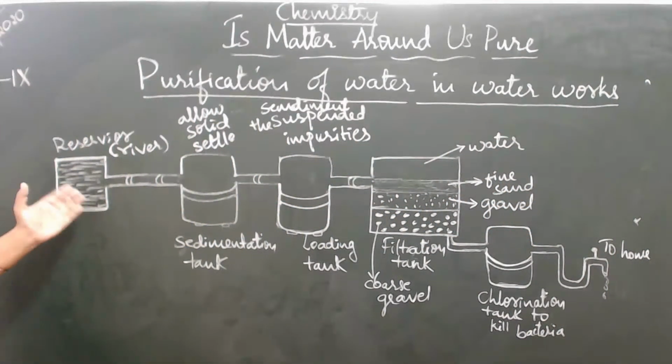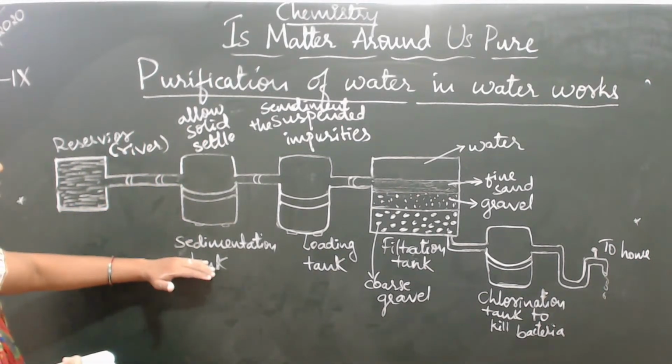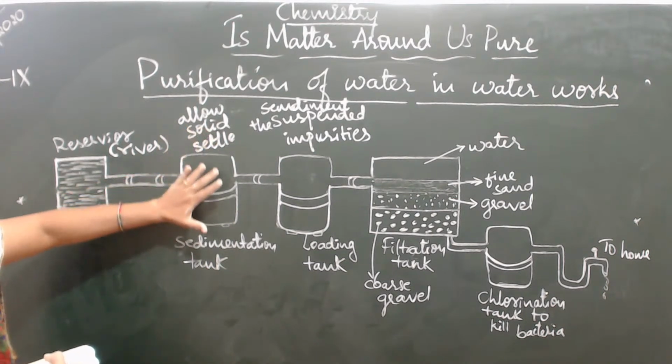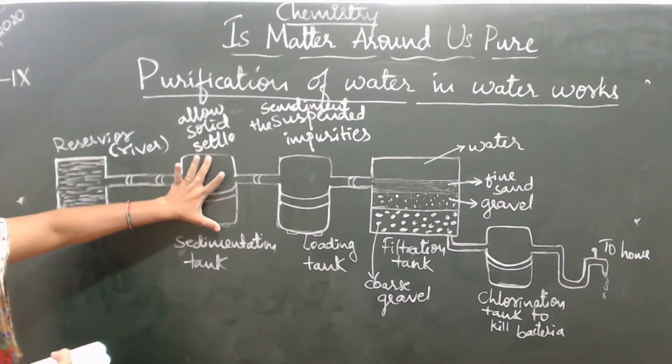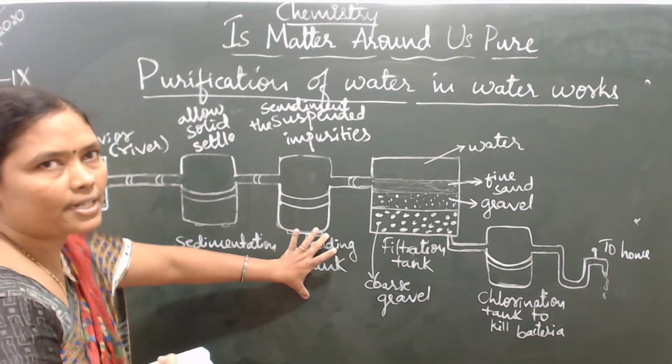From the water bodies, the water is passed to a sedimentation tank in which the solid impurities settle down, and the water from this sedimentation tank is passed to a loading tank.